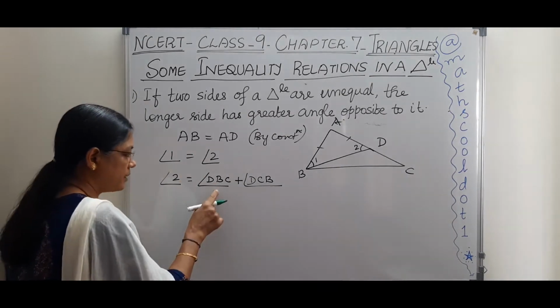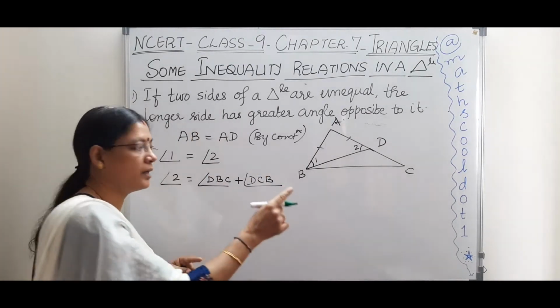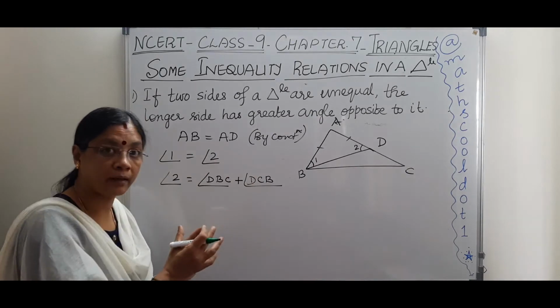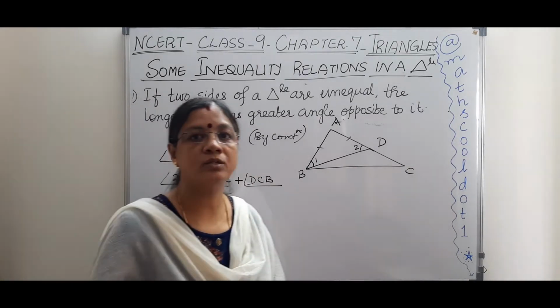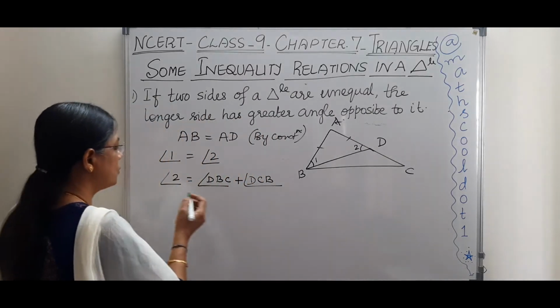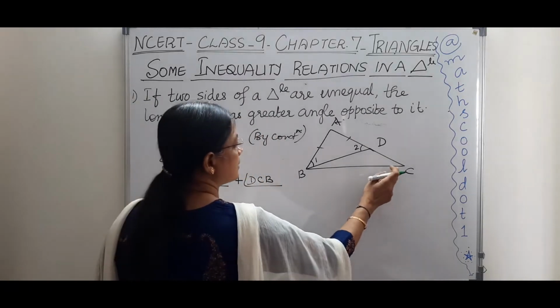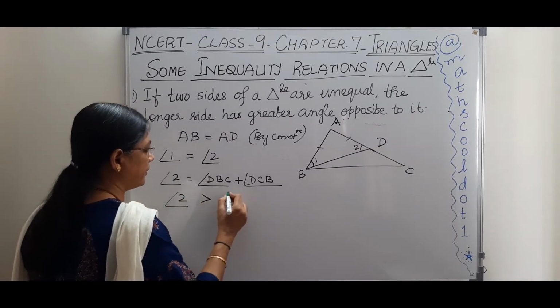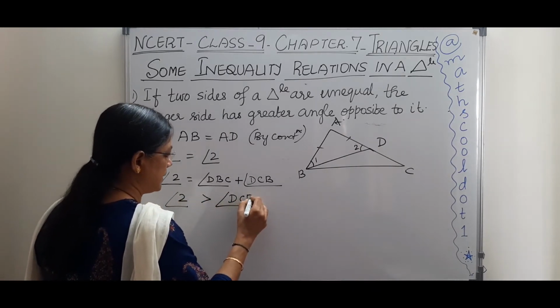So angle 2 is greater than DBC, and angle 2 is greater than DCB.